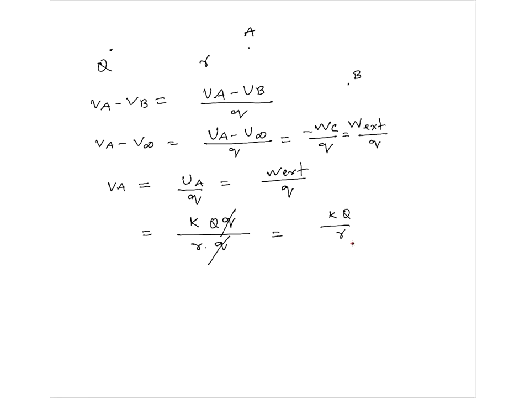I have seen students applying it for any arbitrary shape. If the charge is spread throughout a pen and you want potential due to that charge distribution at a point, how can you apply that formula KQ by R? You must take some little element in the pen and then you should integrate. Same thing I have seen for field.